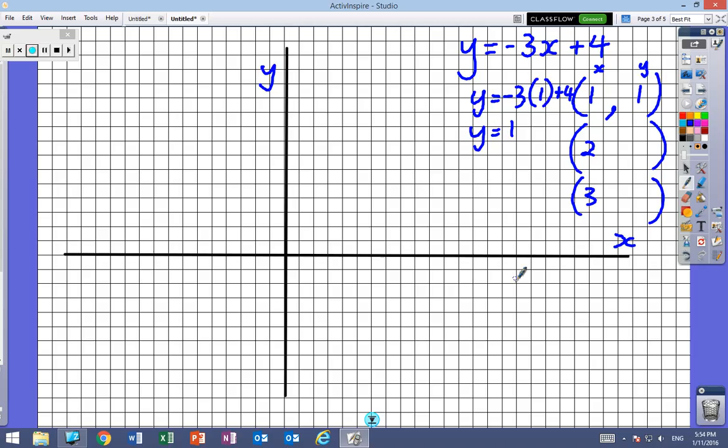I'm going to do that down here. y equals minus 3, 2 plus 4. And you might be starting to clue in. All I'm doing is rewriting this thing, but replacing the x with whatever I choose. So here's my 2. I'm just rewriting this thing here. y equals minus 3x, but the x becomes a 2, plus 4.